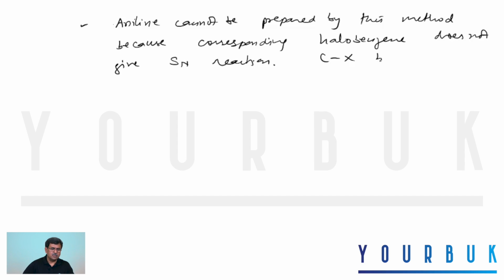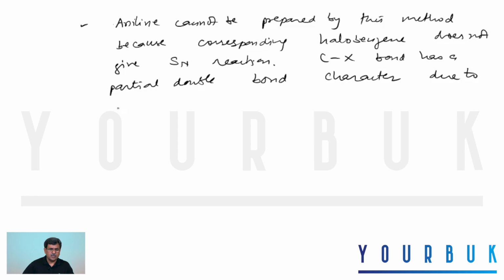The carbon halogen bond has a partial double bond character due to resonance. And hence X cannot be displaced, so aniline cannot be prepared by Gabriel method.